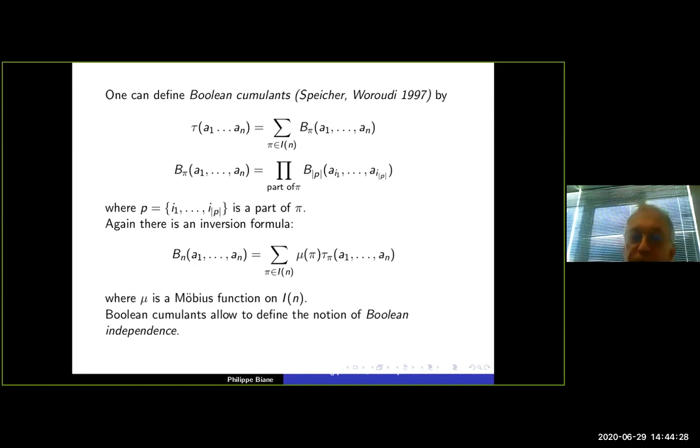So these two notions, the notion of interval partition and the notion of non-crossing partition, give rise to some probabilistic applications in non-commutative probability.